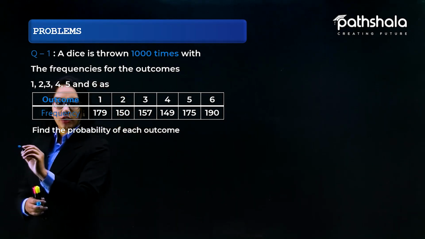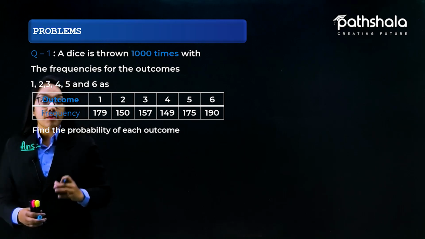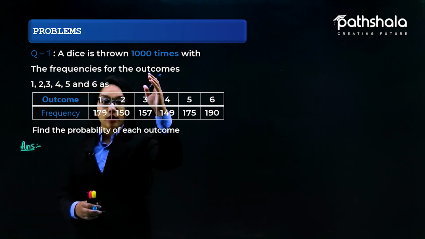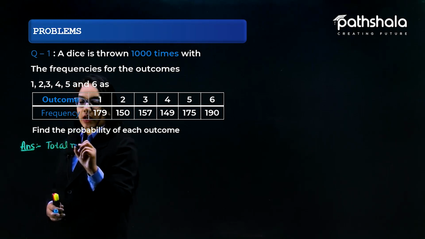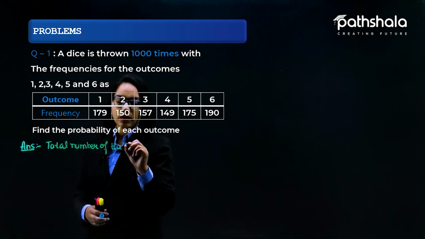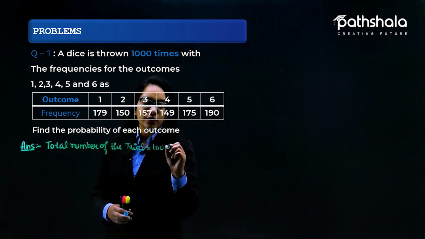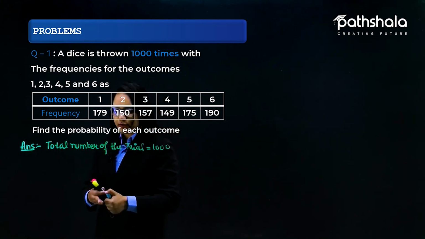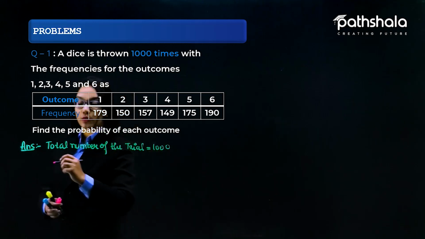So first of all, before answering it, we know that the total number of trials is 1000. Let us suppose we are taking the events as E1, E2, E3 and so on.